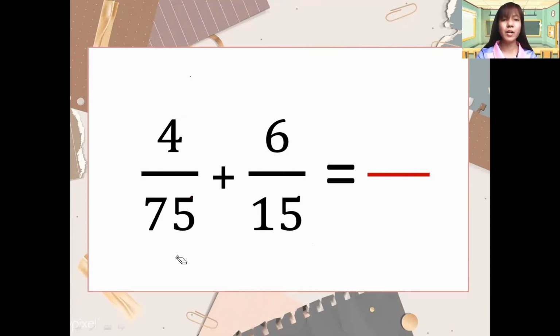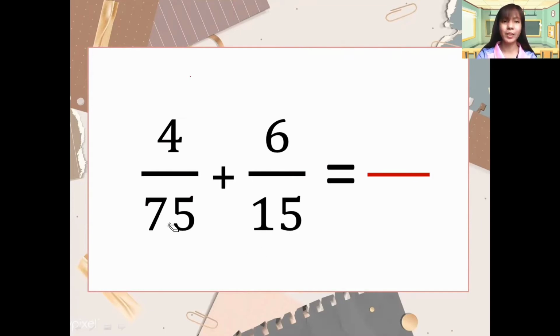Okay, so first, for us to add fractions, we need to have the same denominators. All right, so since this one is a bigger number and this one is a smaller number, let's try to make this one the same number, 75. So what do you think is the number that we could multiply to 15 that will make it 75?